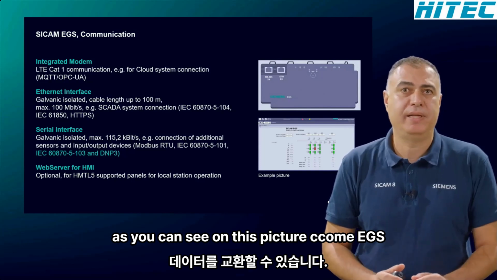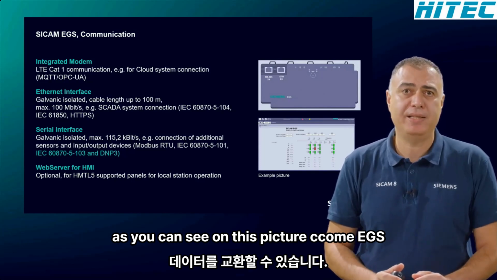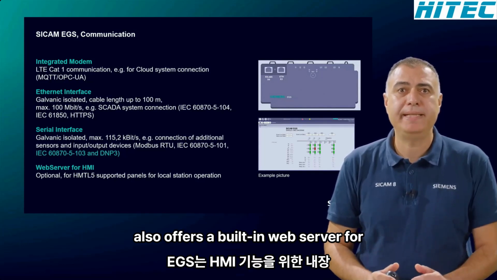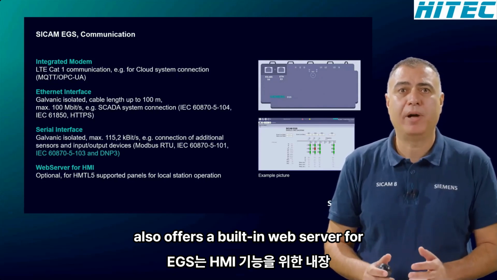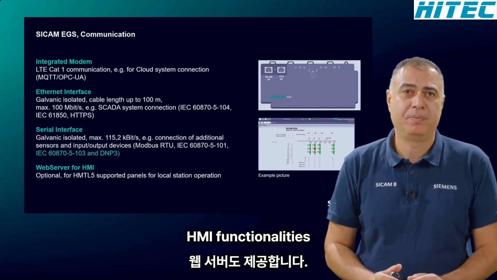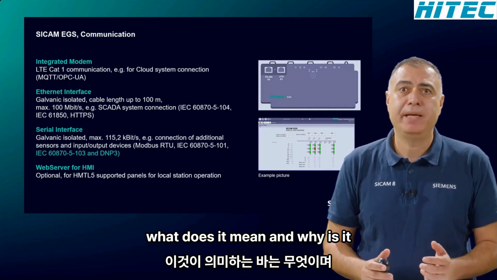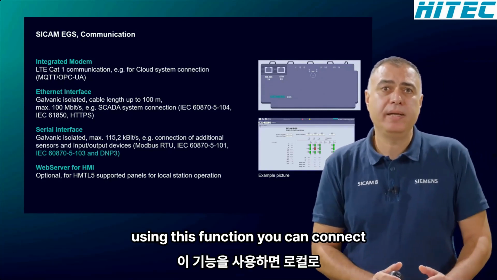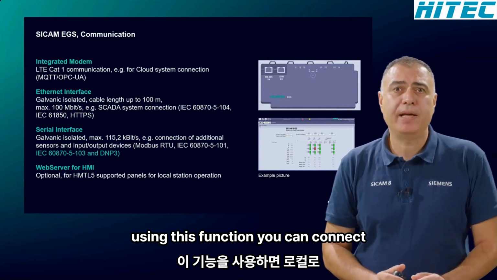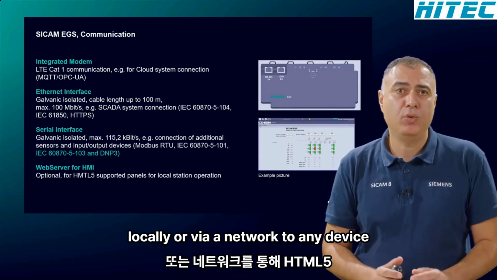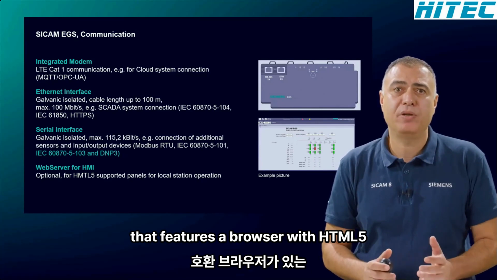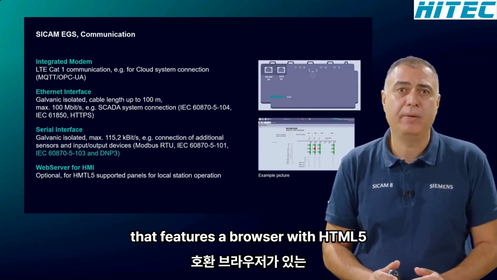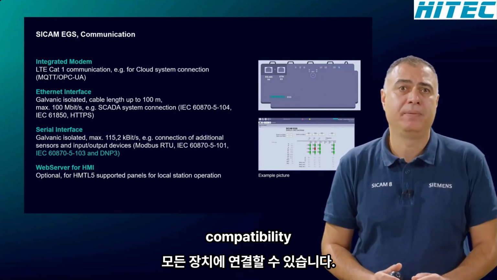As you can see on this picture, SICAM EGS also offers a built-in web server for HMI functionalities. What does it mean and why is it important? Using this function, you can connect locally or via a network to any device that features a browser with HTML5 compatibility.